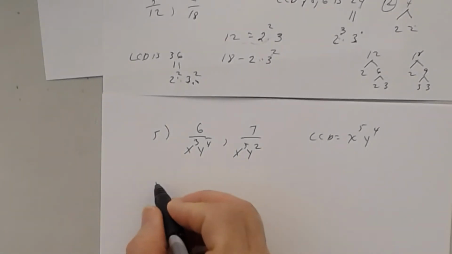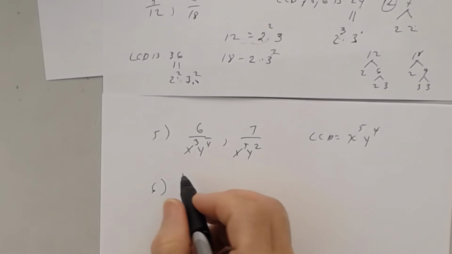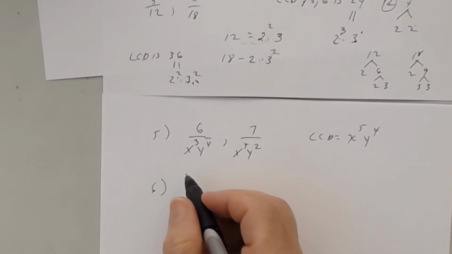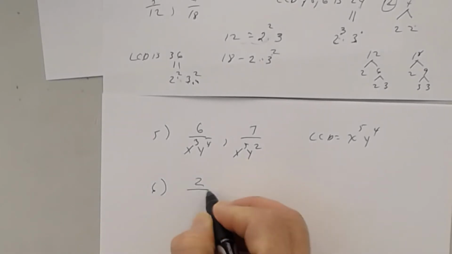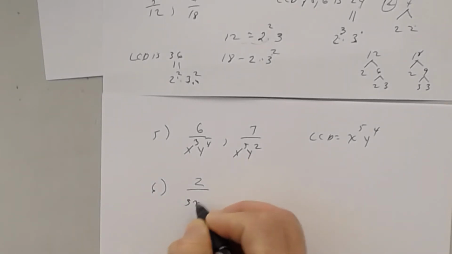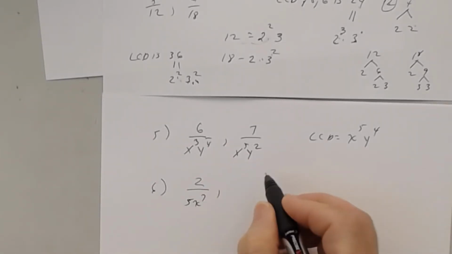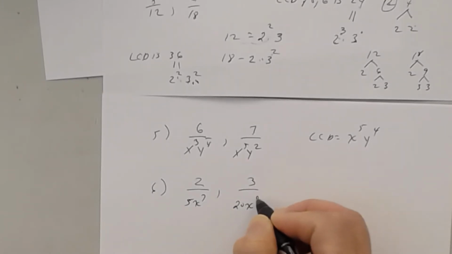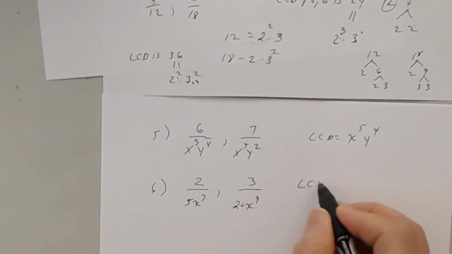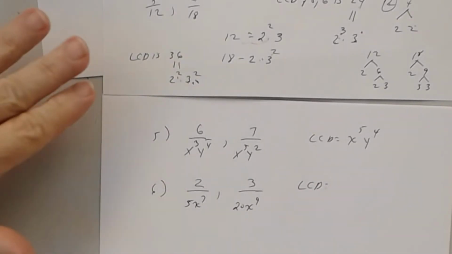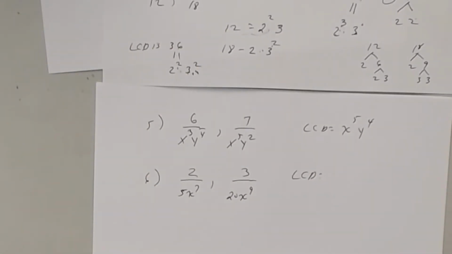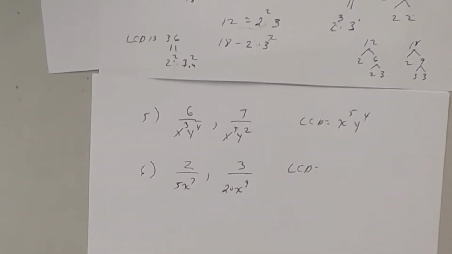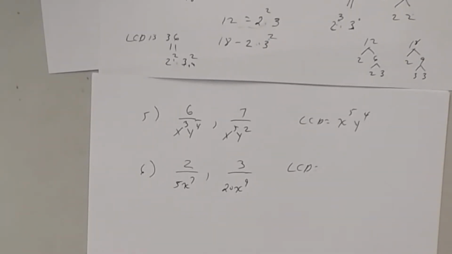All right, number 6. Suppose you had 2 divided by 5x to the 7th, comma, 3 divided by 20x to the 9th. Now this time I have some coefficients other than 1. Let's talk about the coefficients first. 5 and 20.